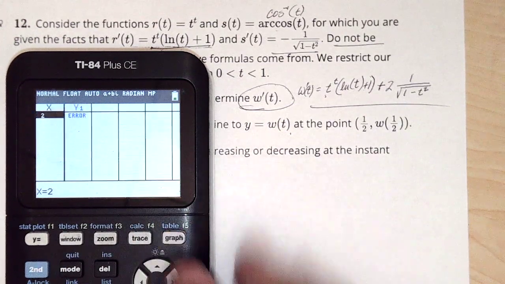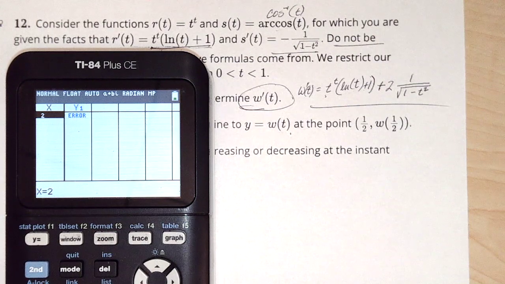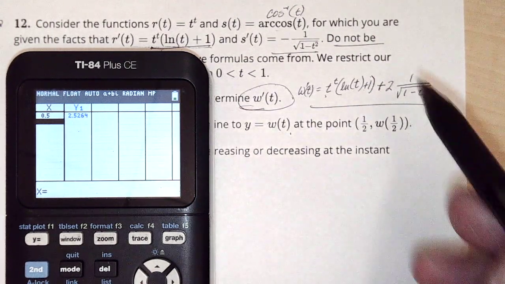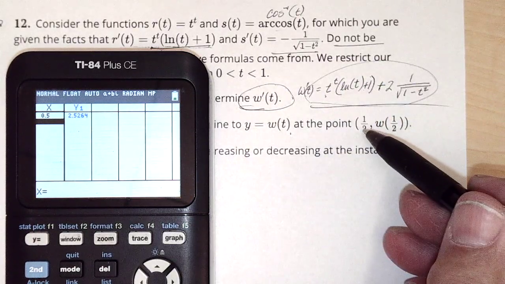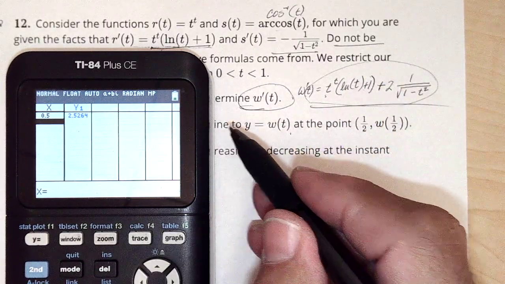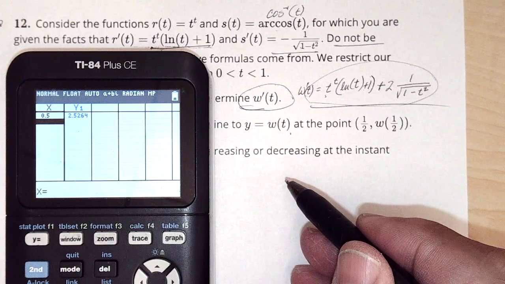And that's the derivative. And we need to find out what this is at 1/2. And it says this with 1/2 plugged in is 2.5264.